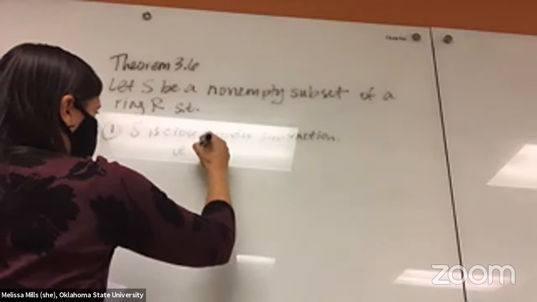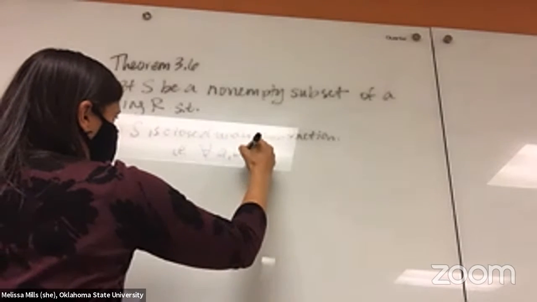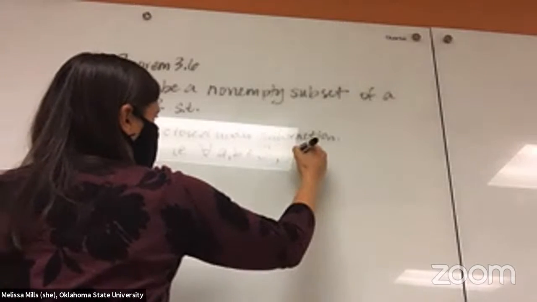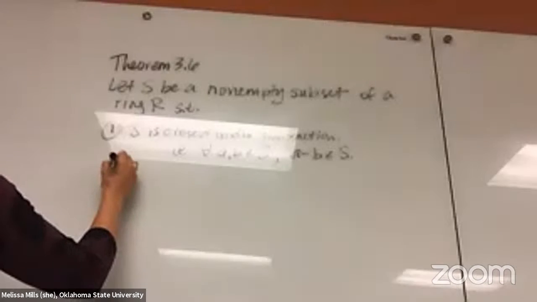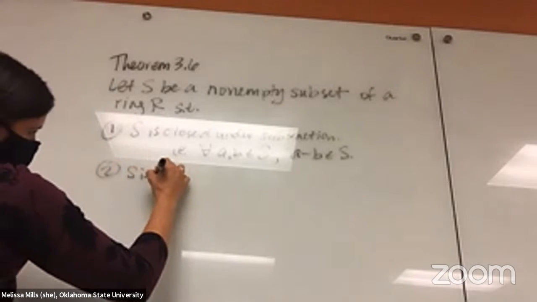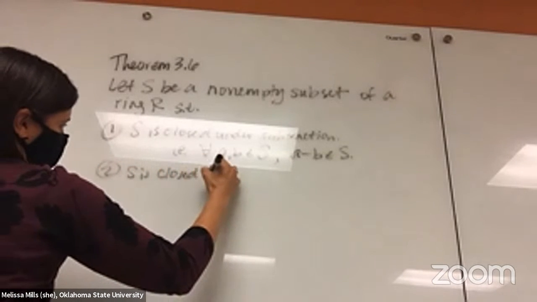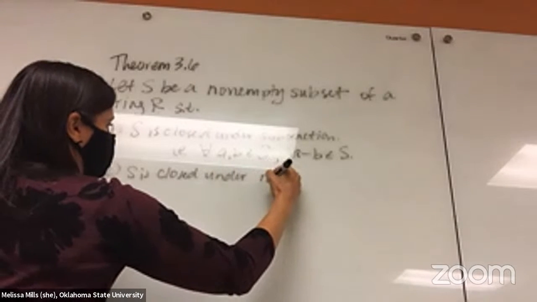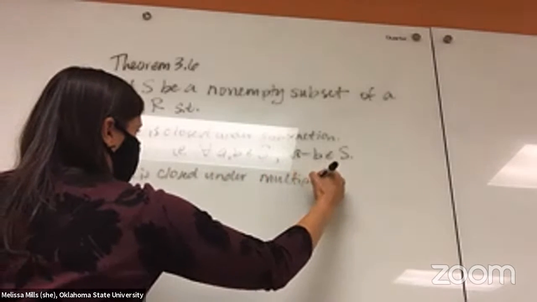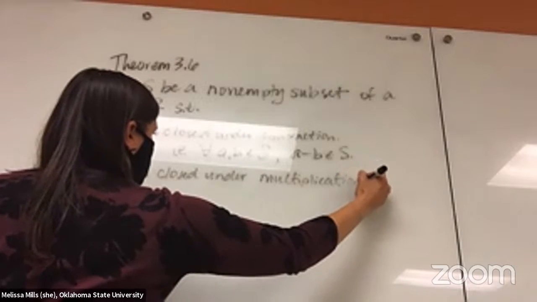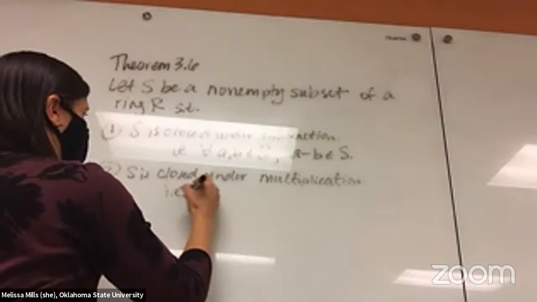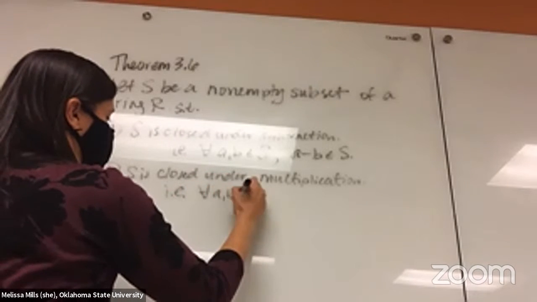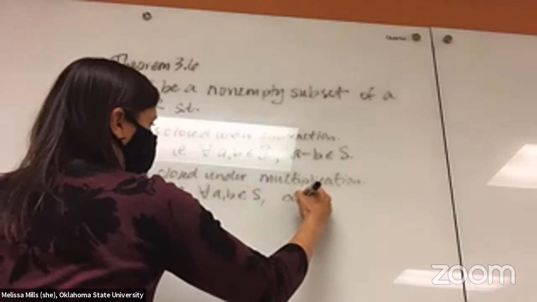I.e., for all A, B in our set S, A minus B is in S. And the second thing is S is closed under multiplication. And so that means for all A, B in S, AB is in S.